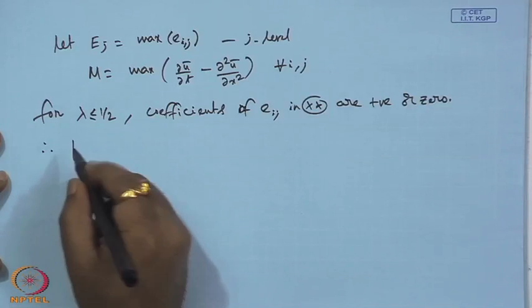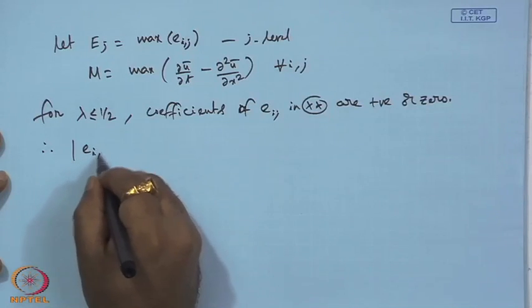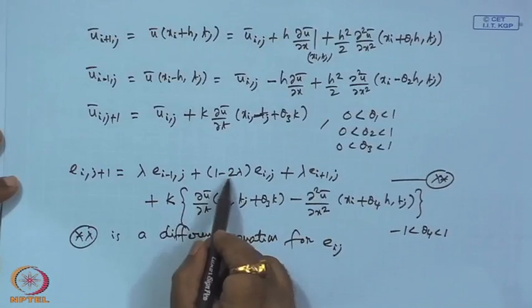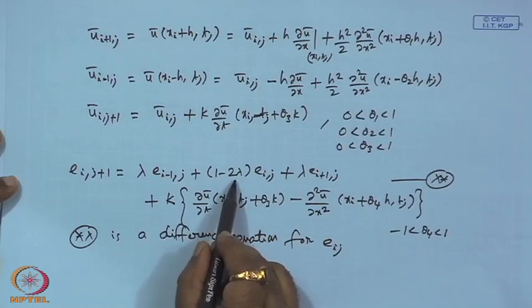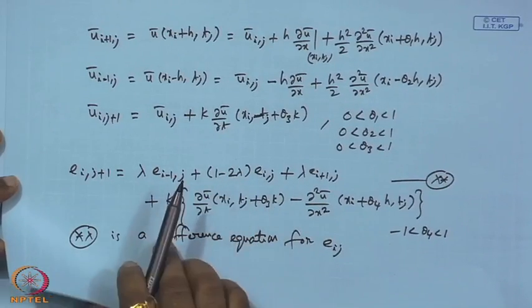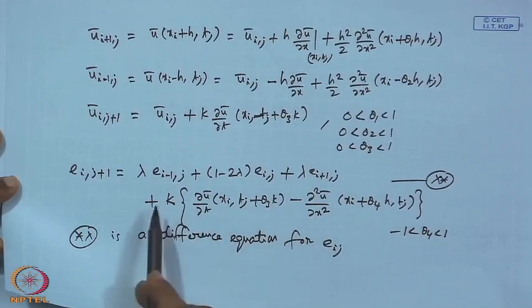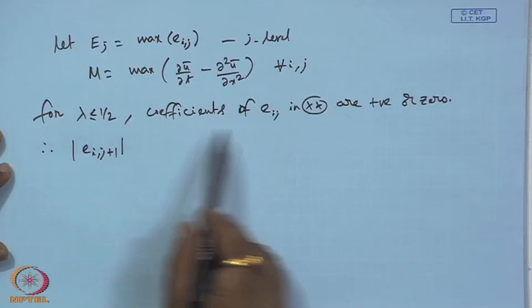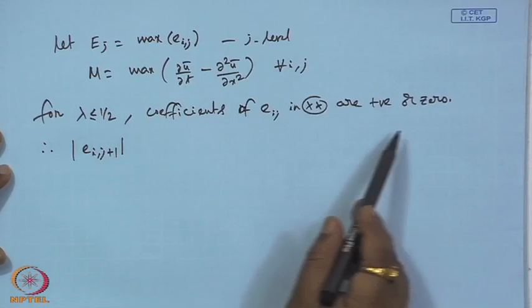Therefore, for this we need the coefficients positive or 0, because we need an estimate. So, for this range the coefficients are positive or 0.